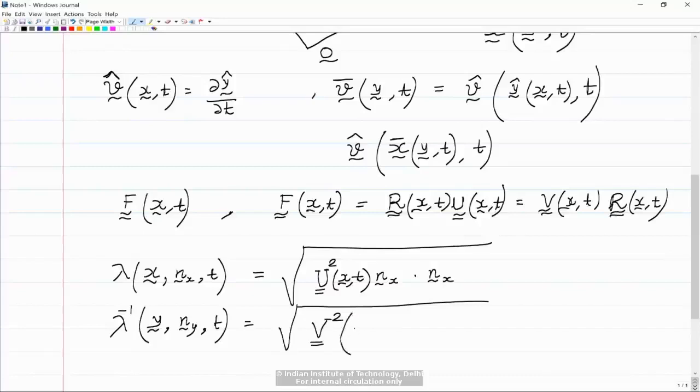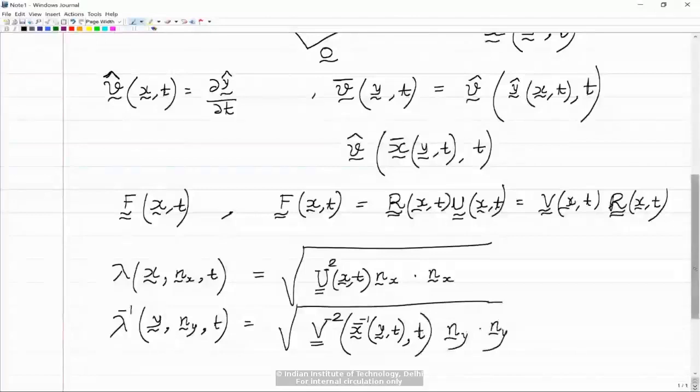And in here you have of course x, but x you can write through the inverse map, which is x bar inverse through y comma t, and then you have another time t, n y dot with n y.